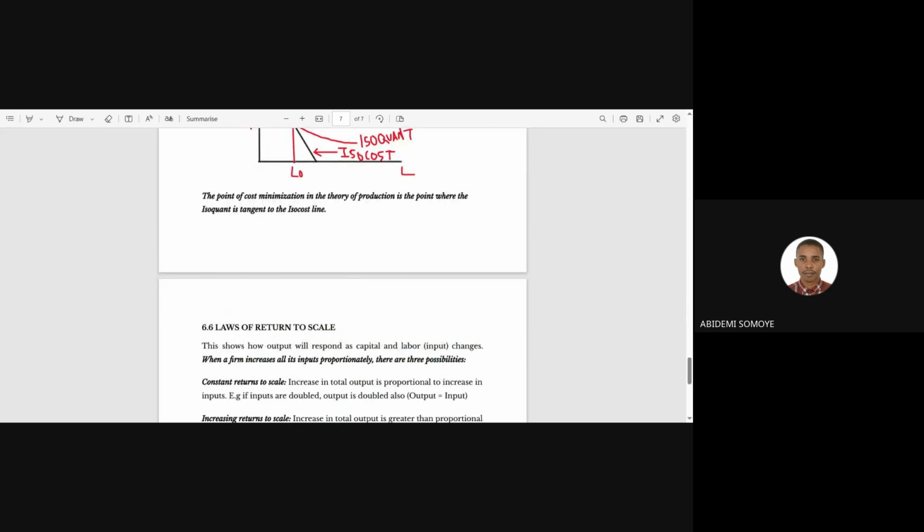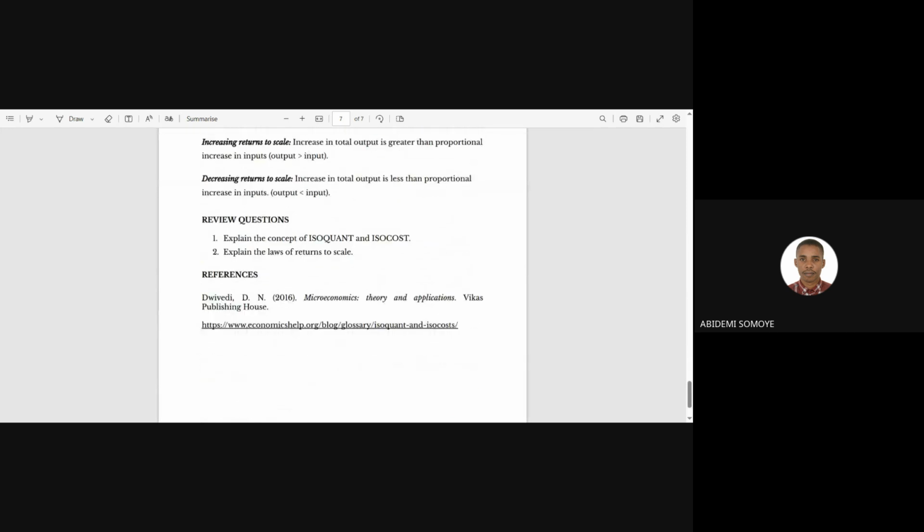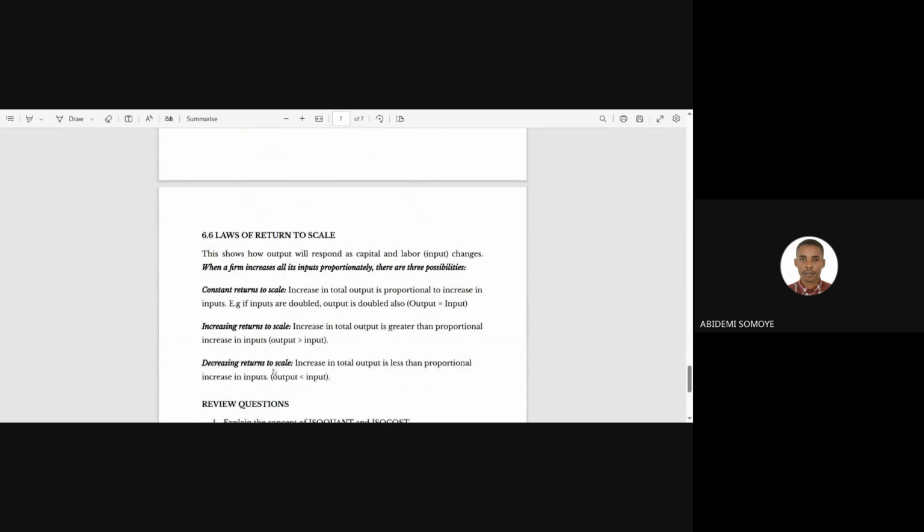So now we move to laws of returns to scale and we'll call it a day. So remember short-run laws and long-run laws.